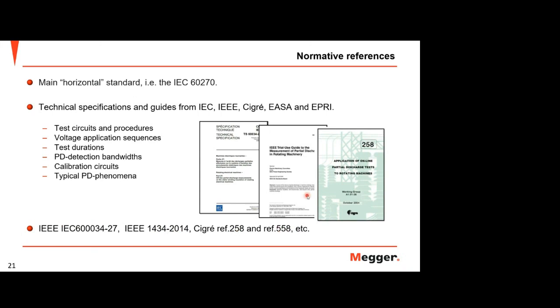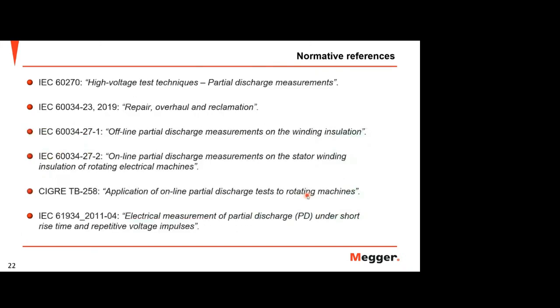So there are many standards actually, but commonly we can use some of them. But for me, depending on the application, especially if you are concerned with the rotating machine, you can focus on IEC 60034-27-1 for offline testing. And for online testing, partial discharge measurement, you can refer to 60034-27-2.